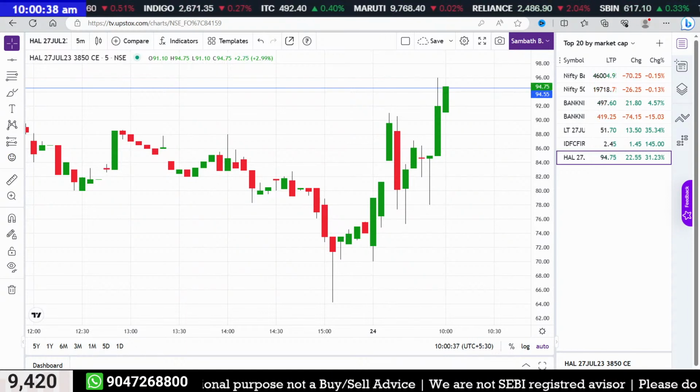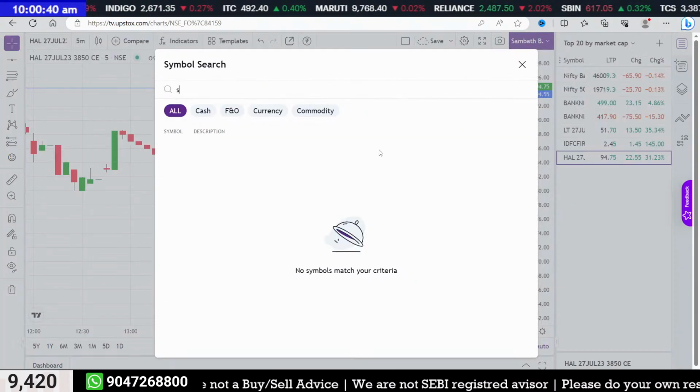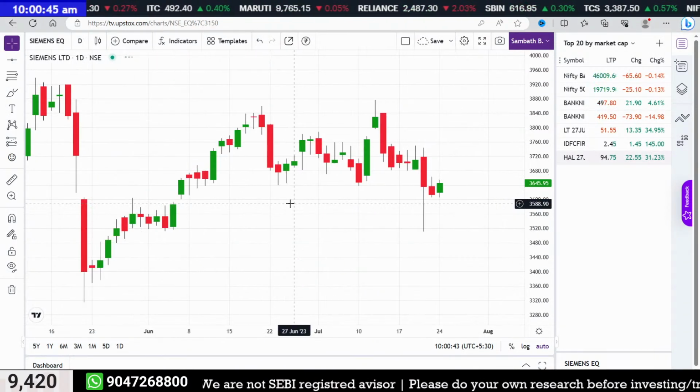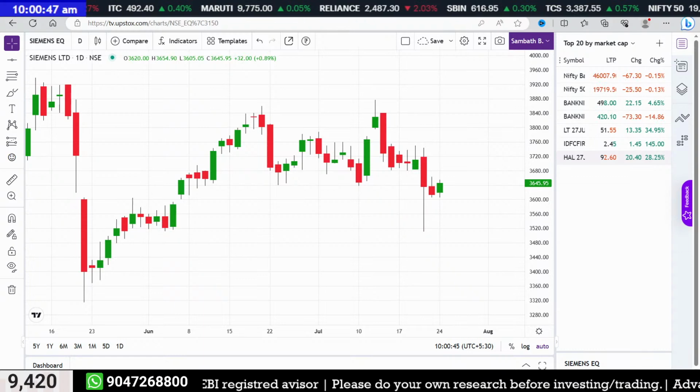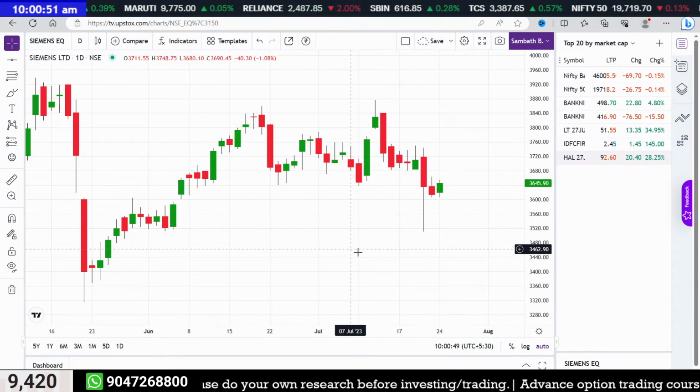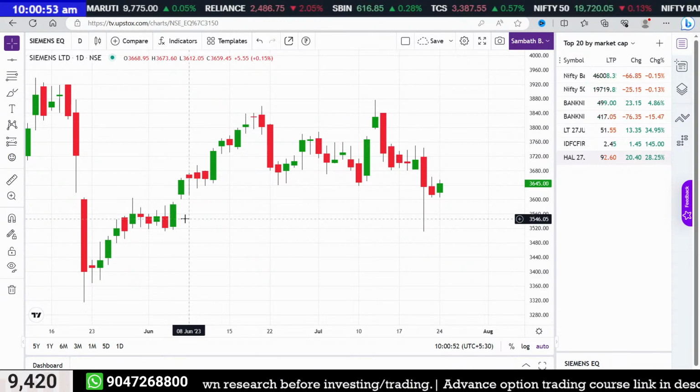Siemens, whether it is liquid? Yeah, I think it is on a downside, and maybe today it started to recover. We don't find any reversal on the daily time frame.